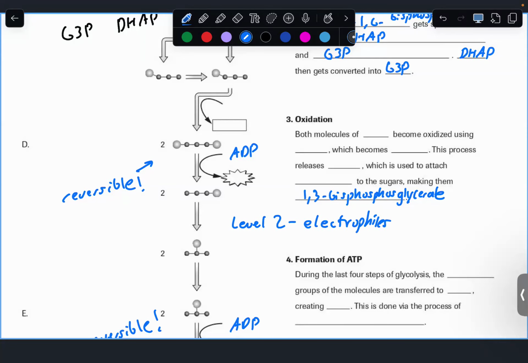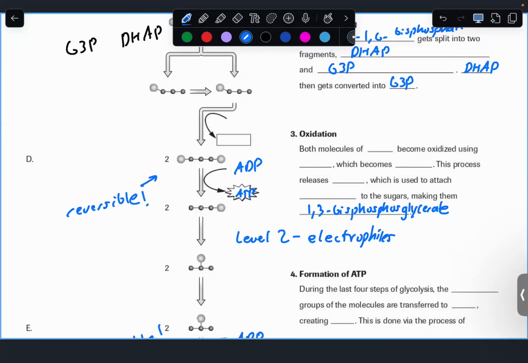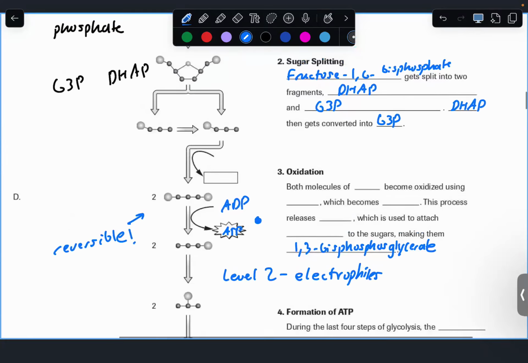So in this step, I don't remember which step it is, this is the only one that is reversible because the reactant and the product have similar energy levels. It's close to zero, not actually zero, but it's low enough that it's easy to go back and forth between the two. And it's in this step right here that we regain the 2 ATP that we use to start the glycolysis process.